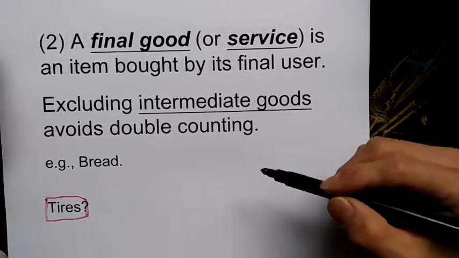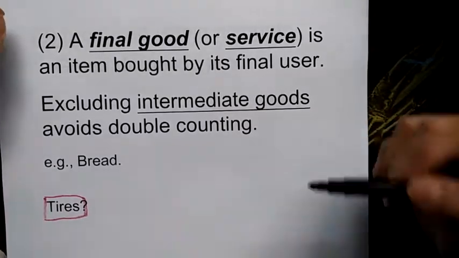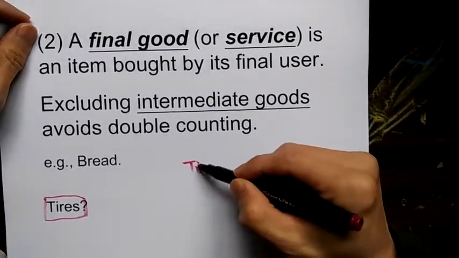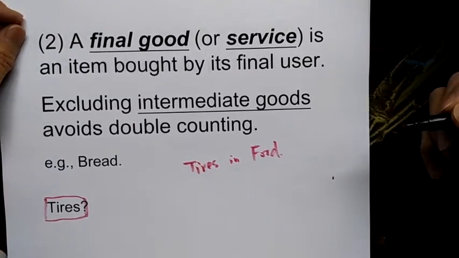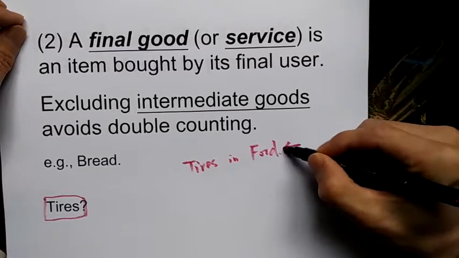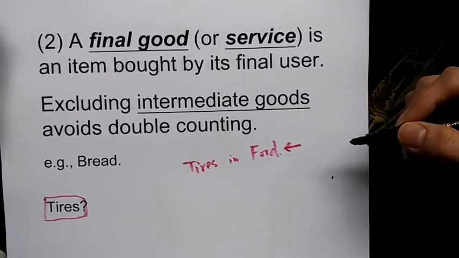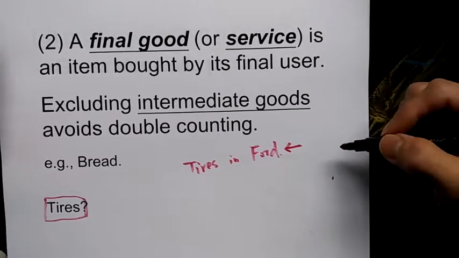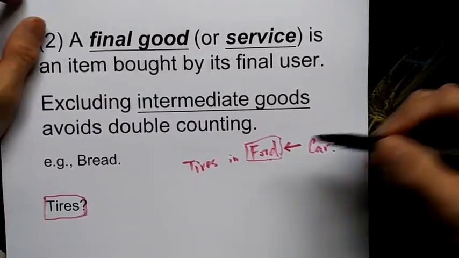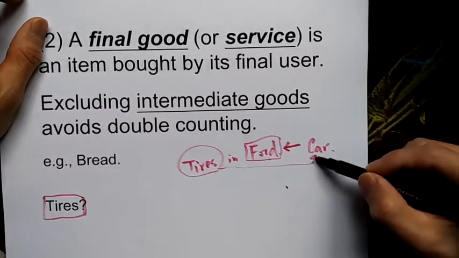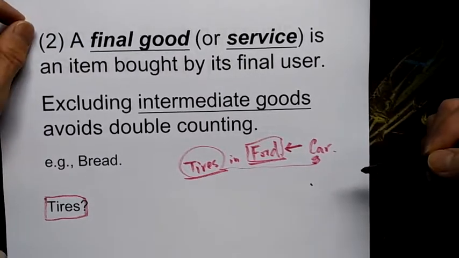If they sell the tires to Ford, is that an intermediate good or a final good? The answer is it's an intermediate good, because the final good produced by Ford is a car and tires are just part of the car. So tires at Ford are intermediate goods.